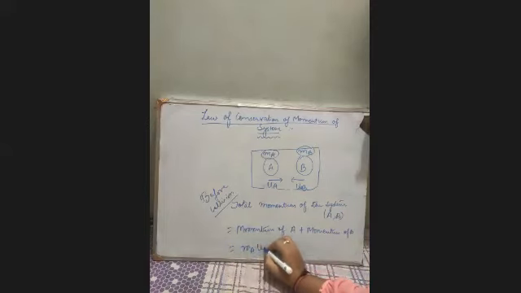MA UA plus MB UB. So this is before collision, right? Now, if I'm considering the momentum of this system after collision, what will it be?